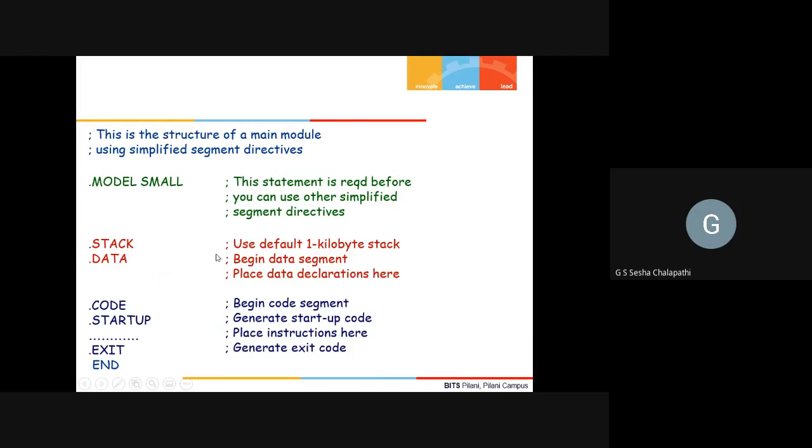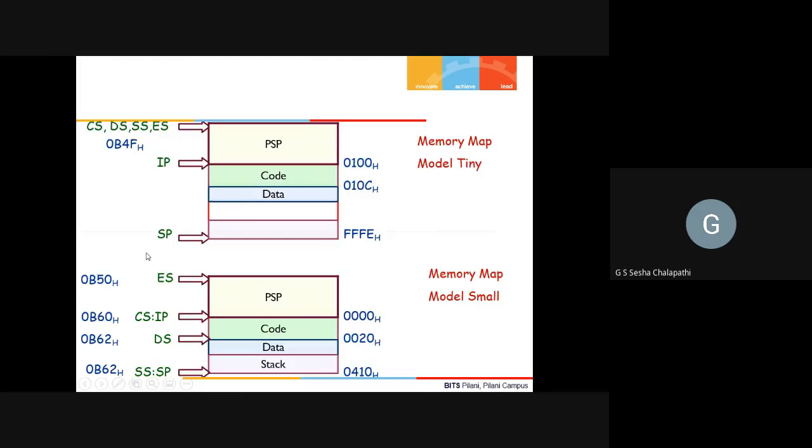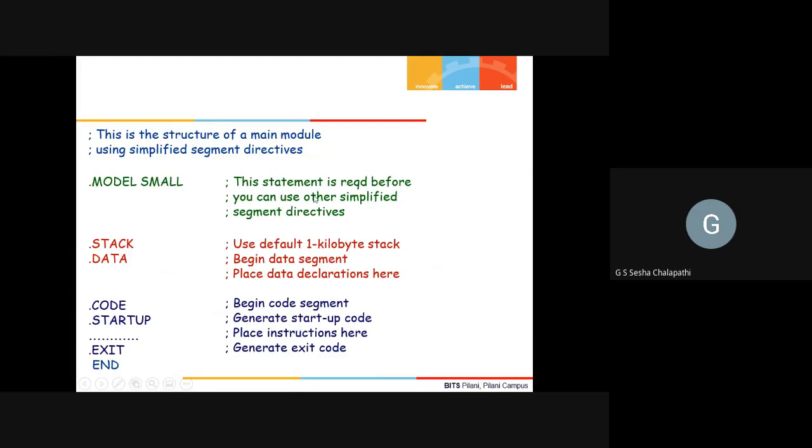Generally, the structure of this main is used to simplify the segment directives. You will have .model small, and this statement is required before you use any of the other simplified directives. These segment directives are used to have a simplified way.